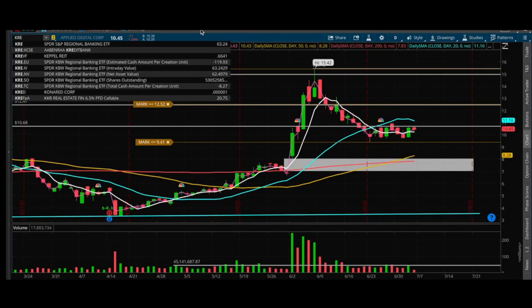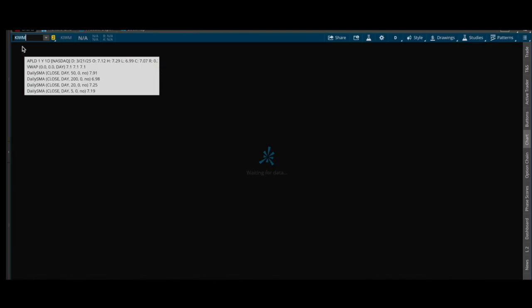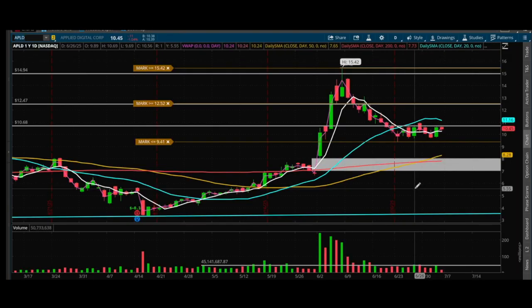So even though Applied Digital is a small cap, it's just not looking like IWM. You can see IWM, ever since this option expiration, has a clear uptrend, while APLD is just moving sideways.